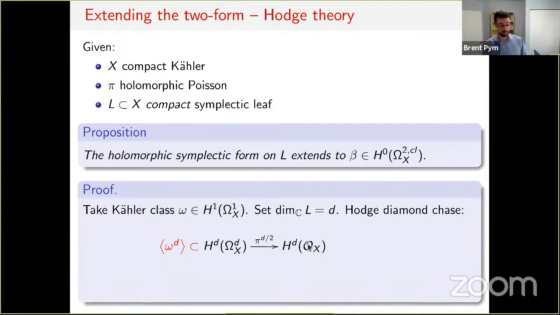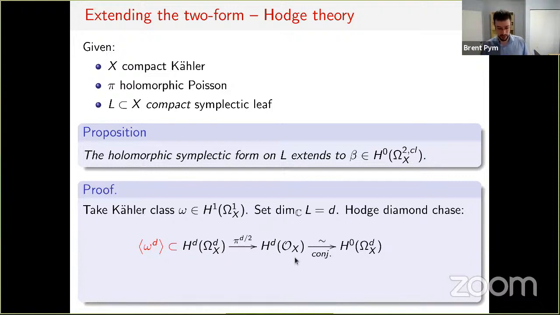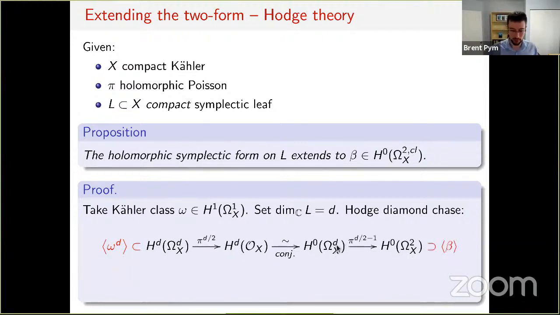Okay. And now we know that this, by Hodge theory, is the complex conjugate of the holomorphic D forms on X. And finally, I can contract again with some power of the Poisson bivector to get me down to a 2 form on X.